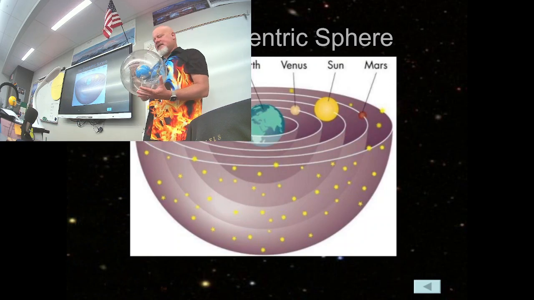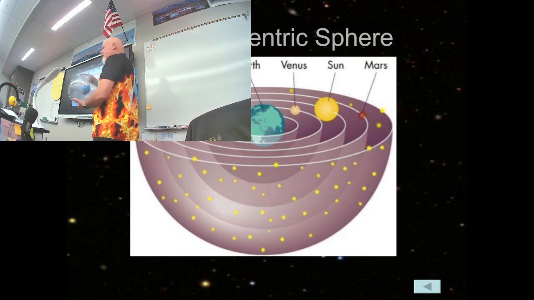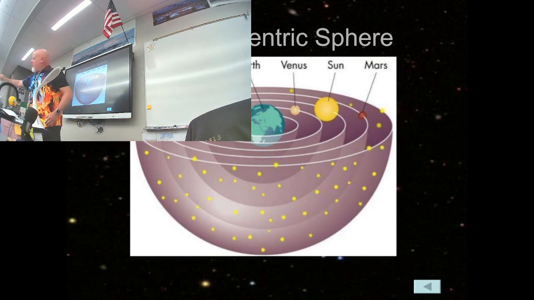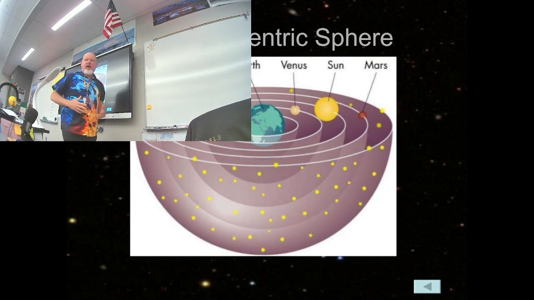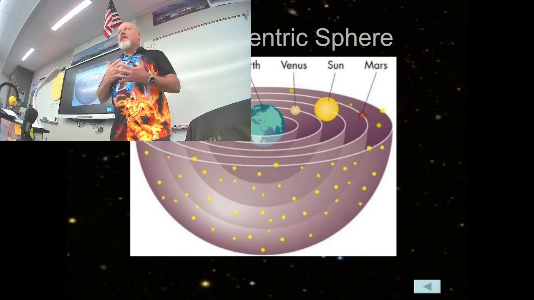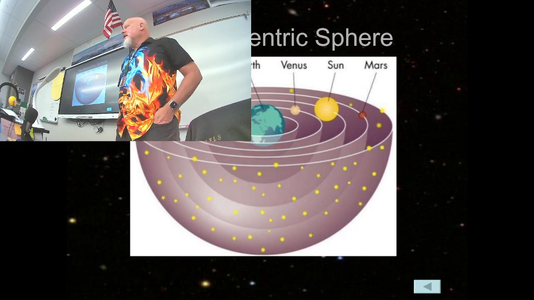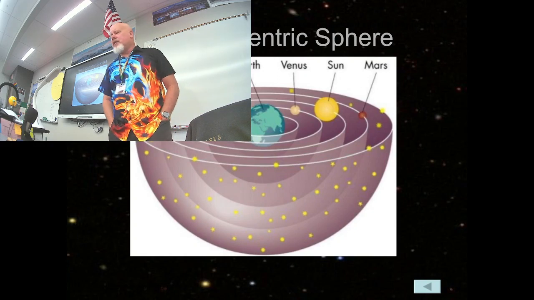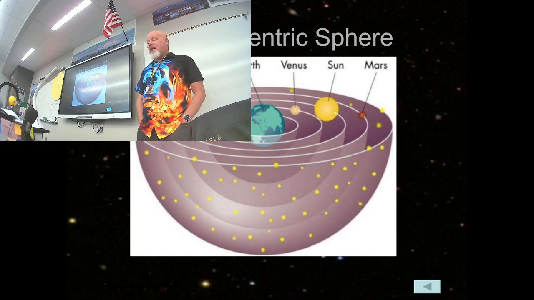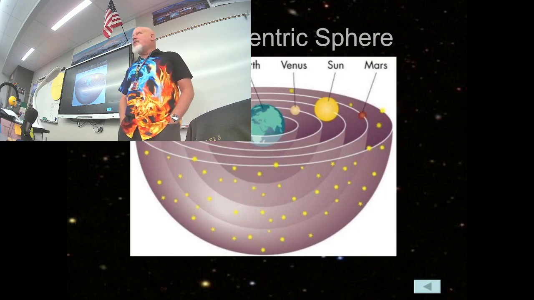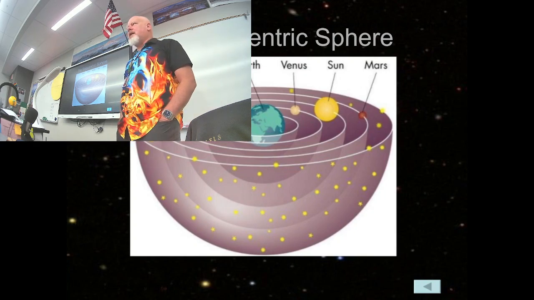It looked like the sun and the moon went around the earth in a perfect circle, but one of the things that was also noticed was that some of the objects, the planets, seem to be moving independently. More specifically, not independently, but they have a strange motion in the background.